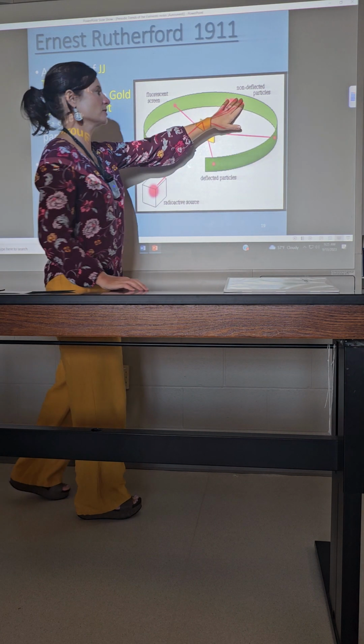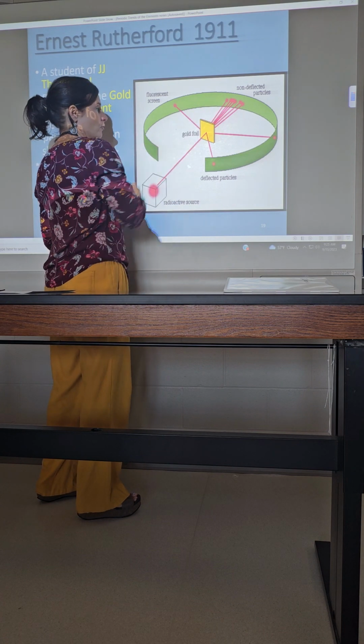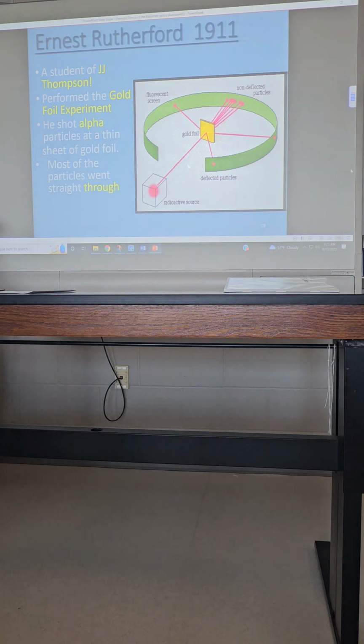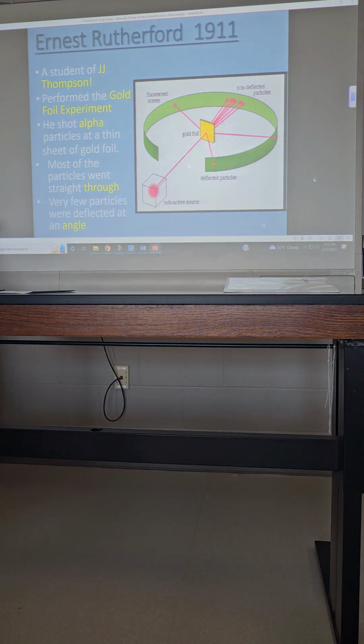So it picks it up here as they go through, and you would think they all should just go right on through, but you see there were some randoms shooting around. Okay, they were deflected at an angle, a few of them.